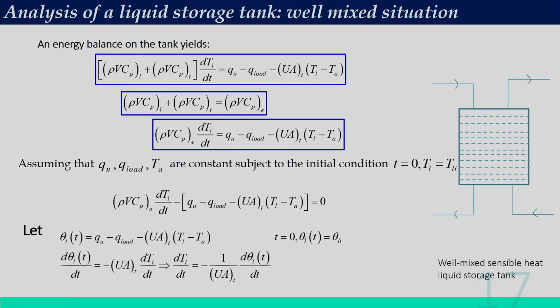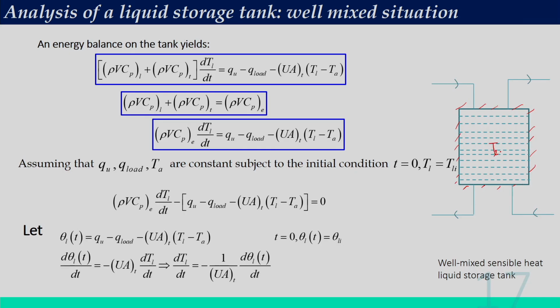Okay. Now, we will analyze one very important aspect: the well mixed storage tank. What does it mean? This is a liquid storage tank, an insulated tank where liquid is placed inside. Let the tank be at TL.